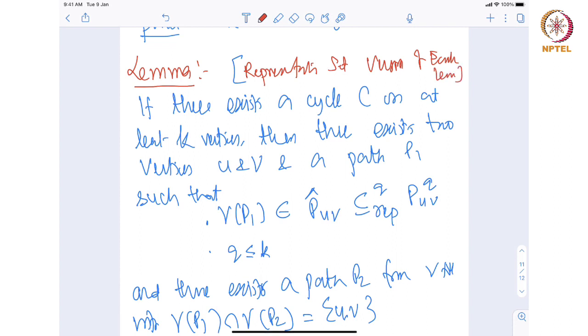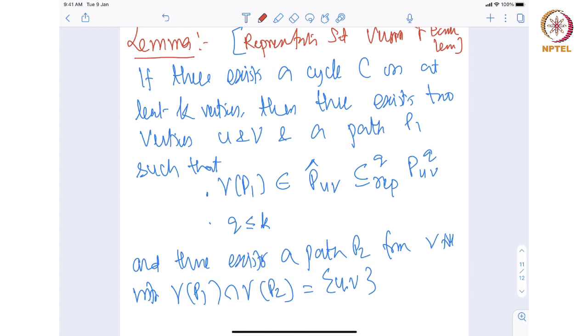What I am saying is that I will find you a vertex u and v such that I will compute a q representative, q is at most k. Rather than enumerating paths from everything, I will enumerate paths from my set, and then there exists another path from V to U which is disjoint from it.